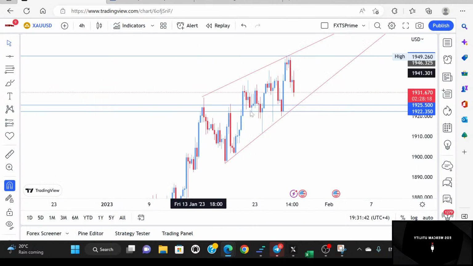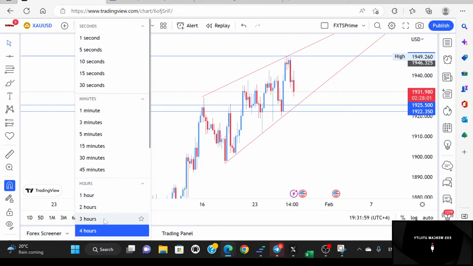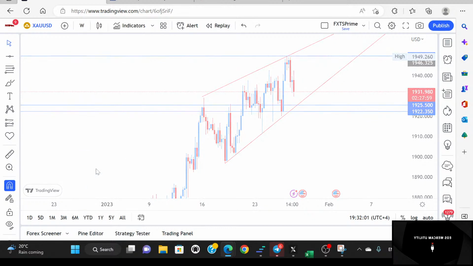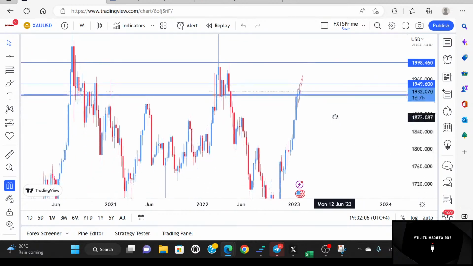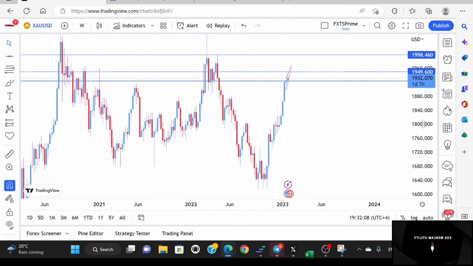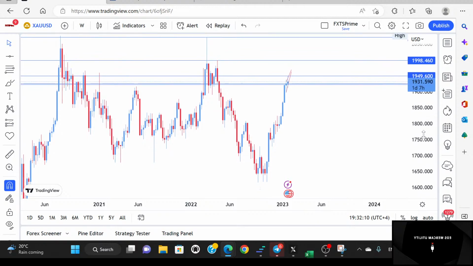Okay. Technically, when you look, the traders and the institutions are always waiting for a support level to be broken out or a resistance level to be broken out. If we speak about the resistance level being broken out and continuation of the uptrend, that is almost very hard, very difficult.